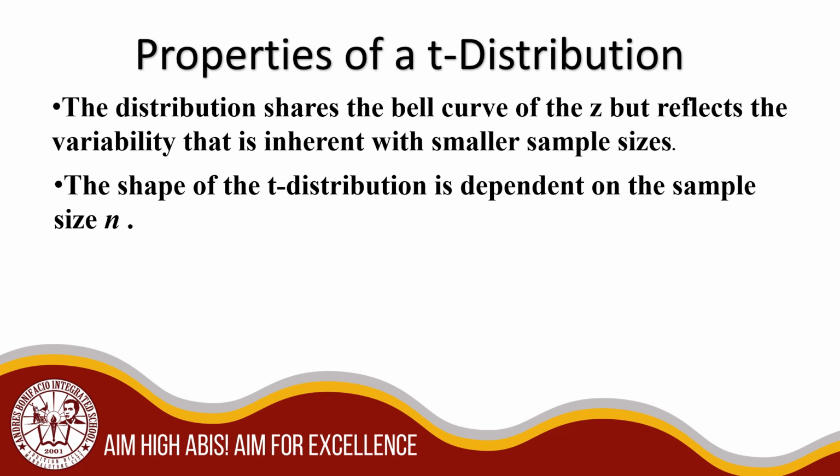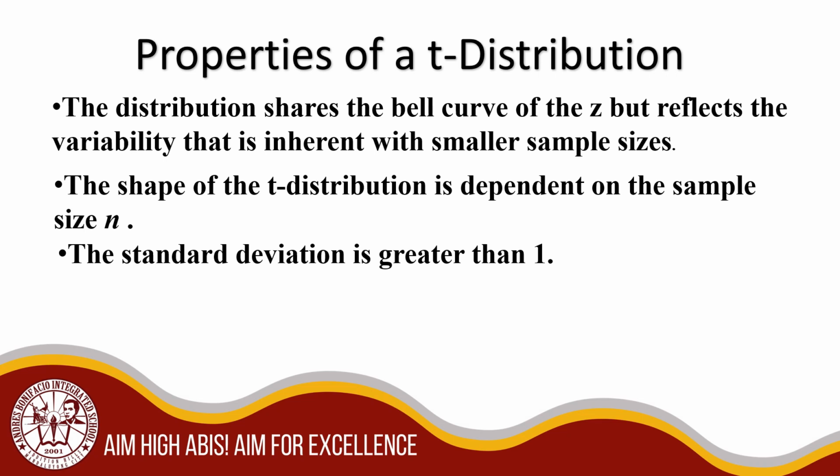And on the opposite sides, the left and the right tails, medyo makapal yung kanyang probability doon. Pero kapag yung sample size n is approaching 30, ang shape ng t-distribution ay nagiging katulad na ng shape nung bell shape ng z distribution or ng standard normal distribution.